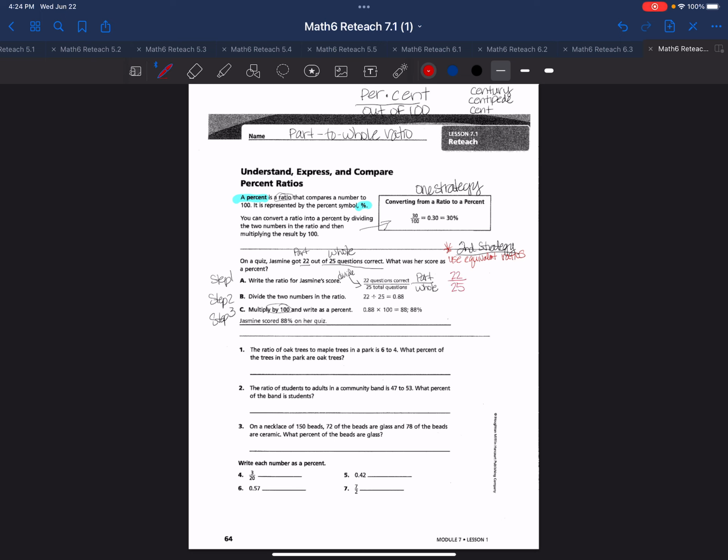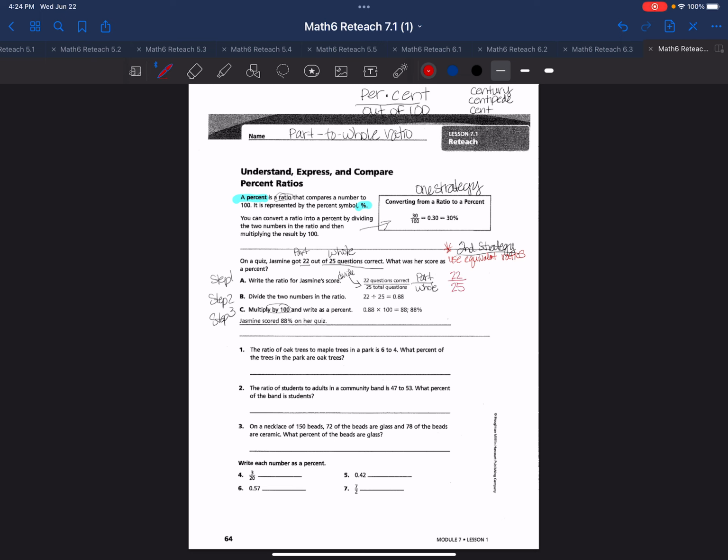The ratio of oak trees to maple trees. So we're comparing oak to maple. And in the park, that ratio is 6:4. So I know that oak trees are 6, maple trees are 4, and the total amount would be 10 trees.